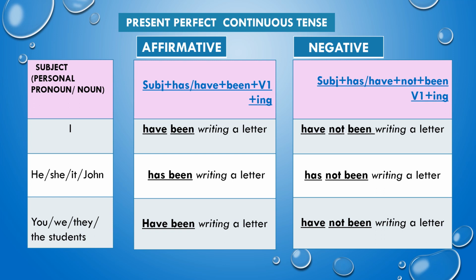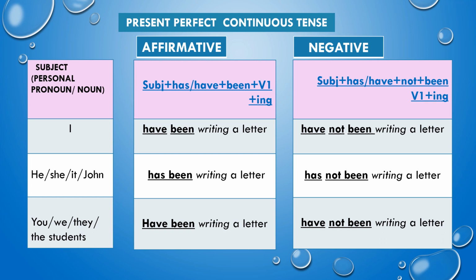And if we were to use he, she, it, or singular noun, or in this case, John, we have to use the words has been and the verb plus ing. And if we were to use you, we, they, or plural nouns, we have to use the words have been as well as the first form of the verb plus ing.